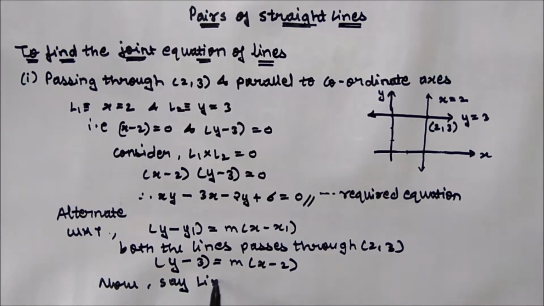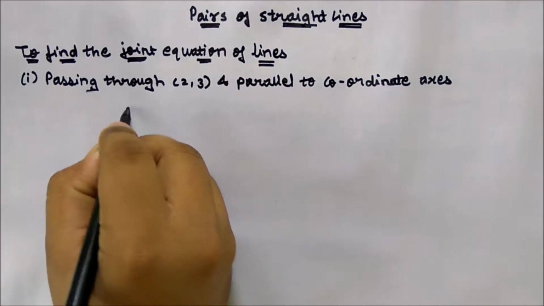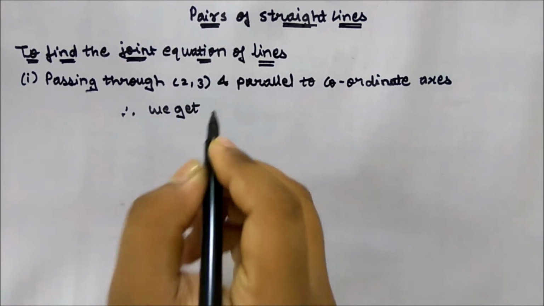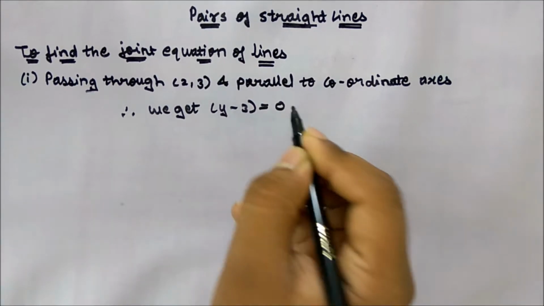Now say line L1 is parallel to the x-axis. Therefore, the slope will be 0. Therefore, we get y minus 3 equal to 0.